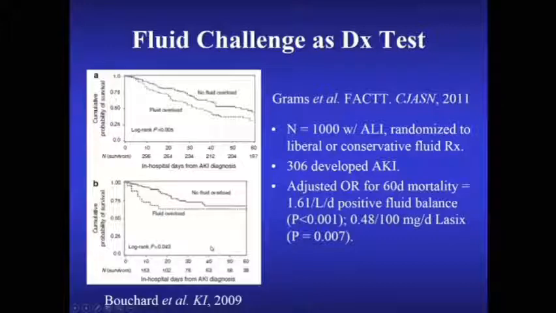And so I think the punchline here is, yeah, sure, if you have as objective evidence as possible that your patient is volume depleted, sure, you want to give them fluid, you want to do the right thing. But you can overdo it, and I think if you cause the patients to be fluid overloaded, you're not doing them a service, and it may be associated with an increase in mortality. So you just need to be a little bit judicious about it.